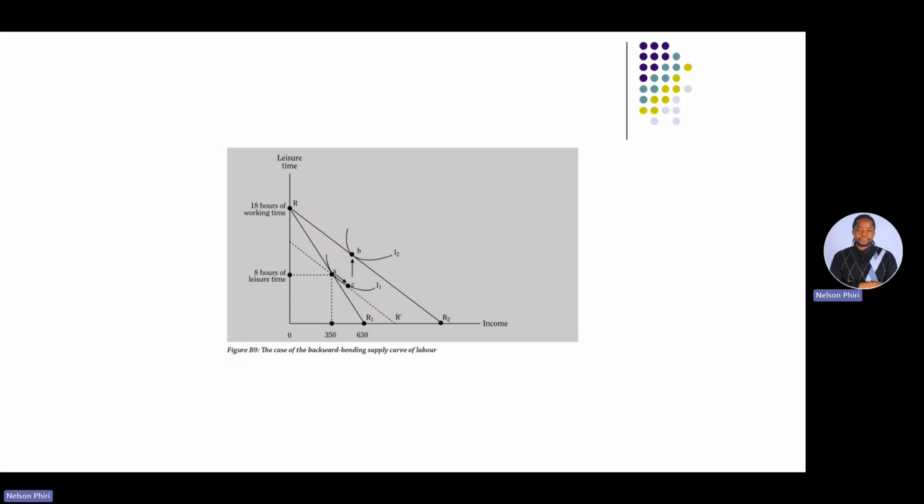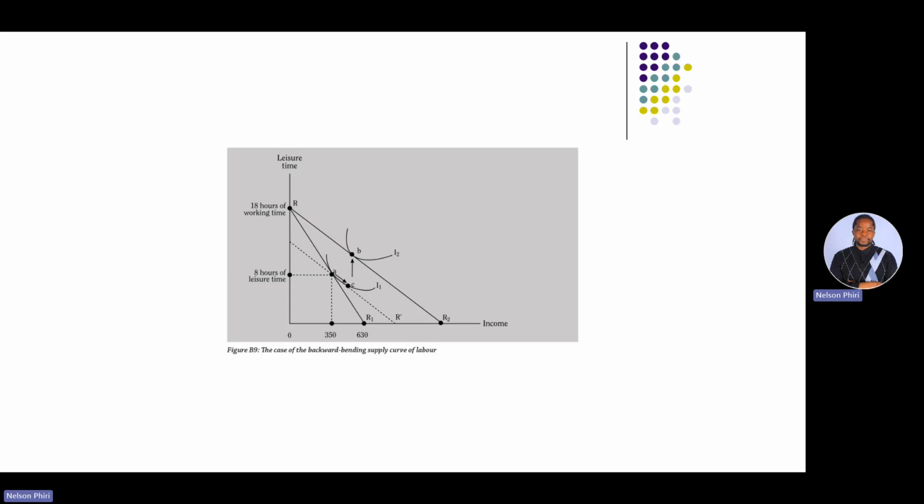Now this contractor can move to a higher level of income, and they can go to a higher indifference curve as a result. So eventually we have a new equilibrium combination of working hours and leisure time, given by point B. Point B is the new combination where the highest possible indifference curve is tangent to the new income line.